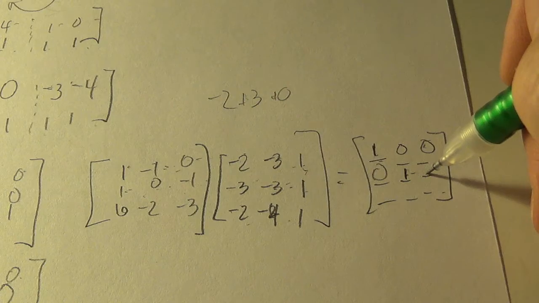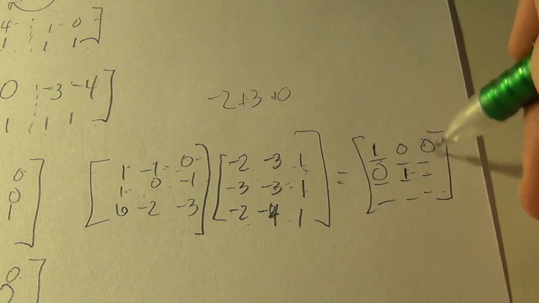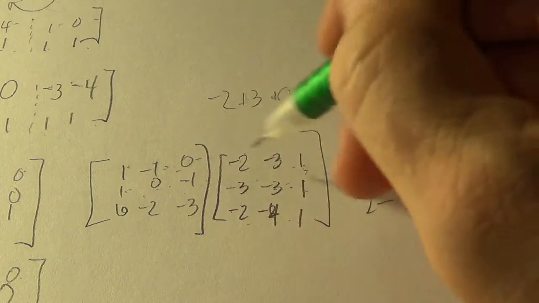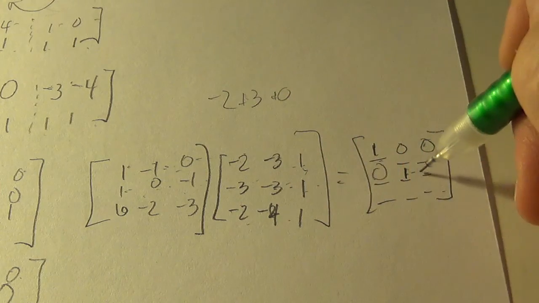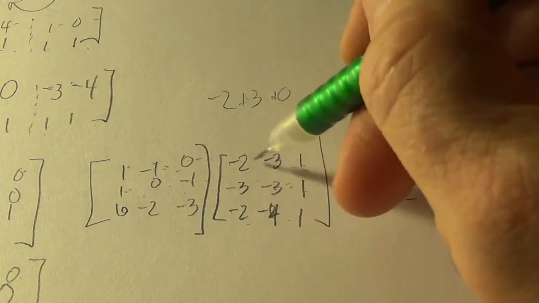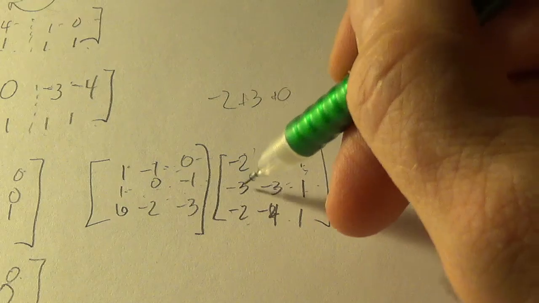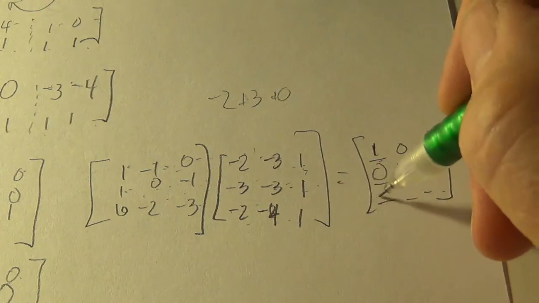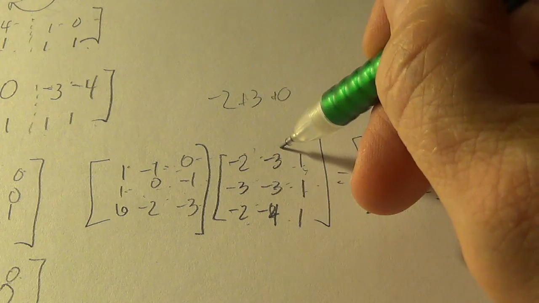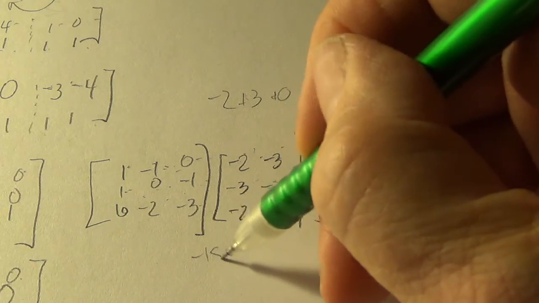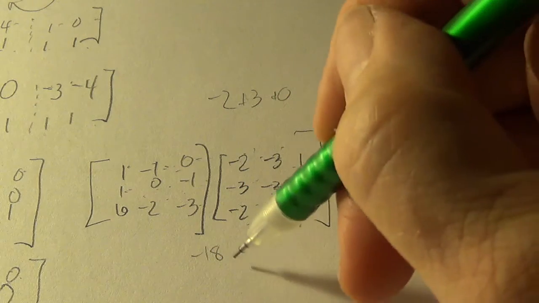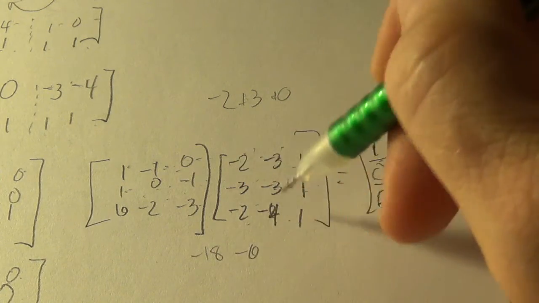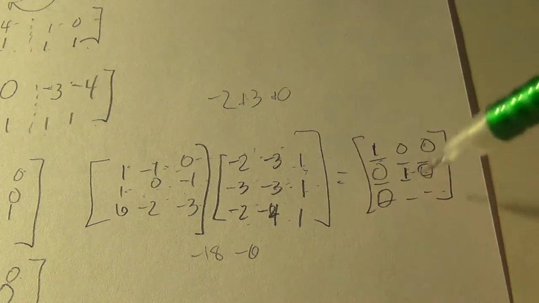Over here, second row, third column. 1, 0, -1. -12, -6, -6, -18, -6. Wait a minute here.